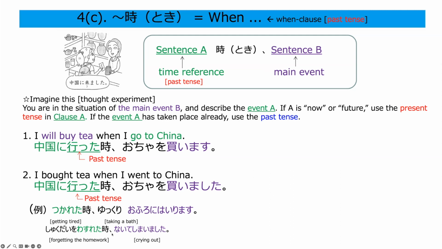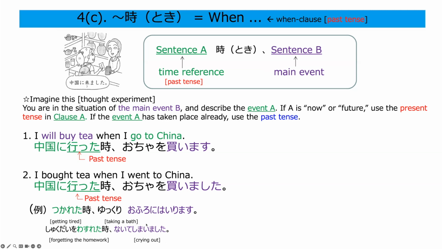Another one is here. 宿題を忘れたとき、泣いてしまいました。So you are crying right now, thinking about forgetting a homework, because this causes an emotional reaction. Hope it's not going to happen to you. You don't have to cry. But in this example, you need a past tense. Not because the sentence is in the past, but because of the relationality between these two actions, forgetting a homework, crying out.